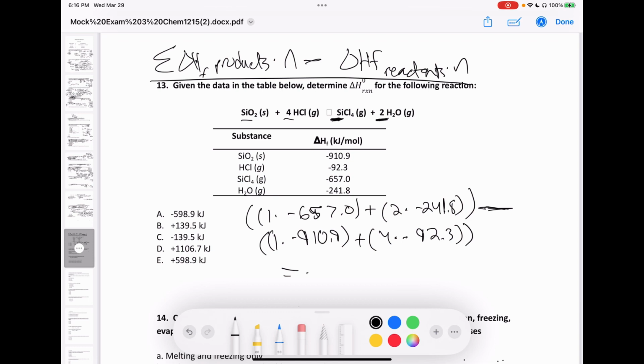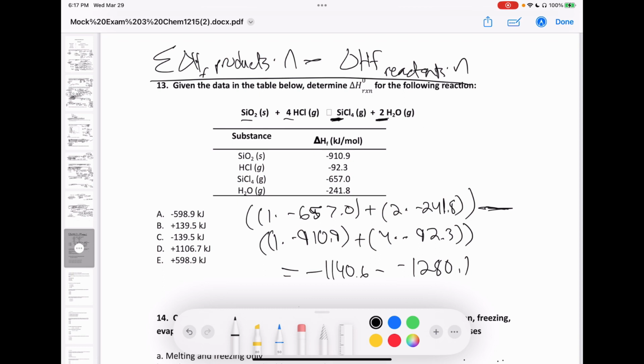So we get negative 1140.6 minus, that's for the products, and then this next one will be for the reactants. It'll be negative 910.9 minus 4 times 92.3, you'll get minus negative 1280.1.